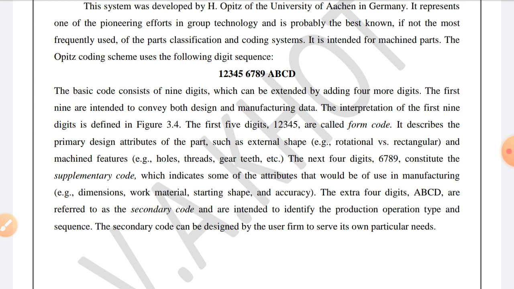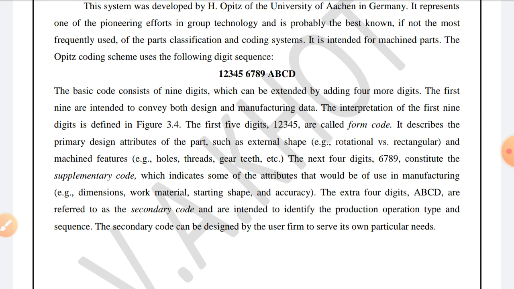The first 5 digits, 1 2 3 4 5, are called the form code, and it describes the primary design attributes of the part, such as its external shape, whether it is rotary or rectangular, and machine features, for example holes, threads, gear teeth, or boring.